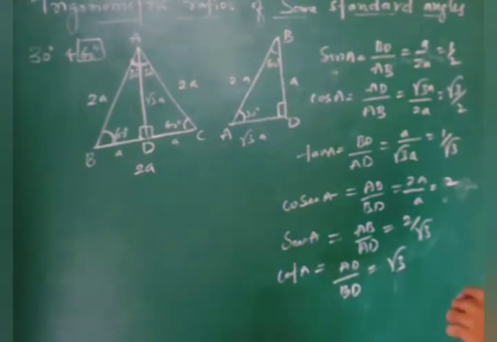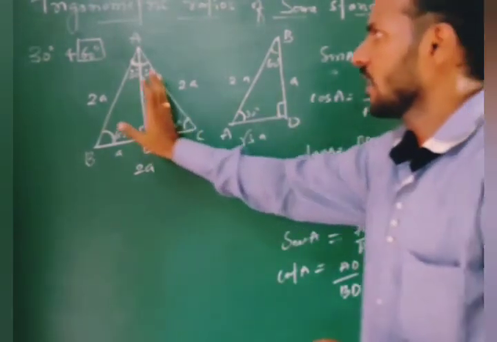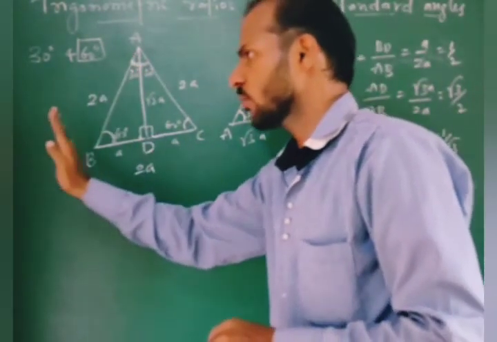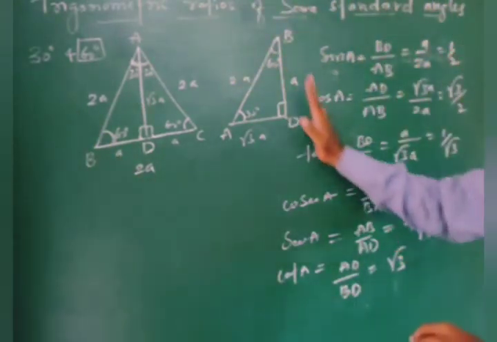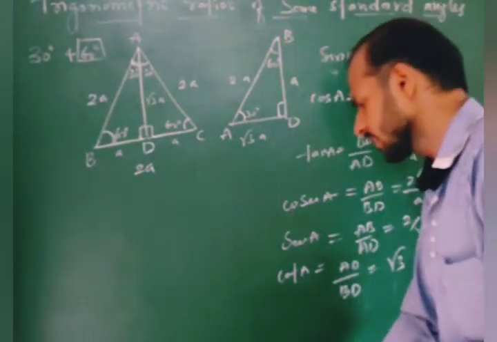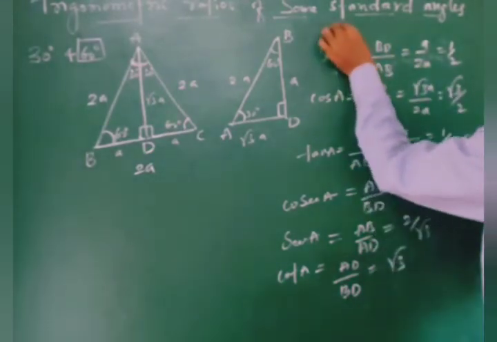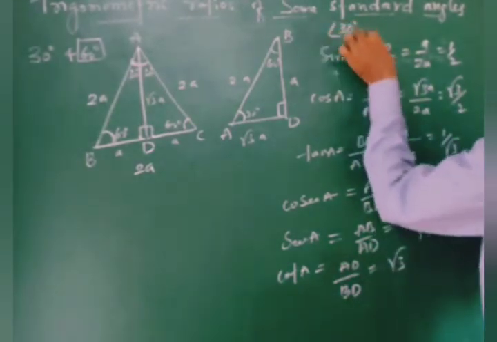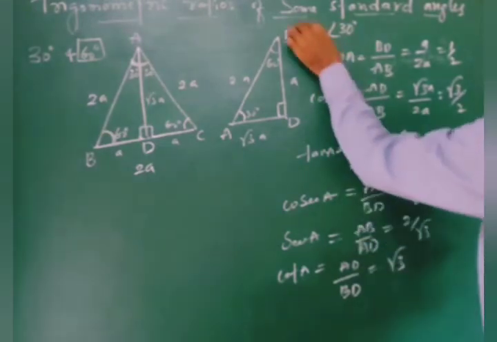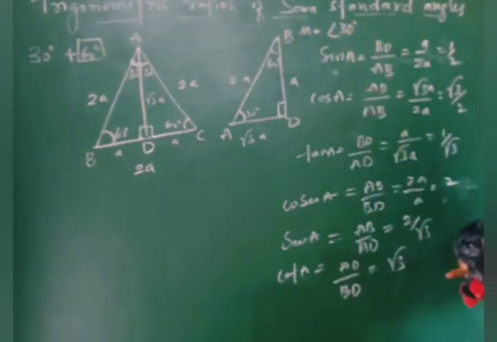Now it is angle 30 degree. Similarly, if we take this portion only separately, then we have to find again angle 60 degree, right? Angle A equals to 30 degree values.